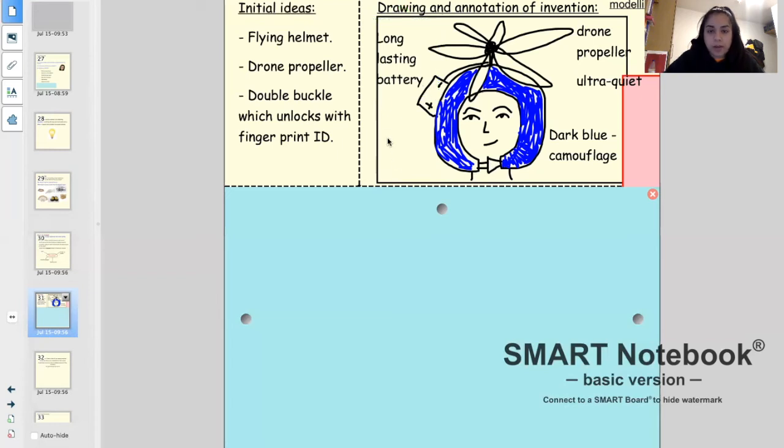So double buckle for extra safety, and fingerprint ID. So I've just put that there for me to refer back to when I am writing my speech. Okay, so those are just a few notes there for me.